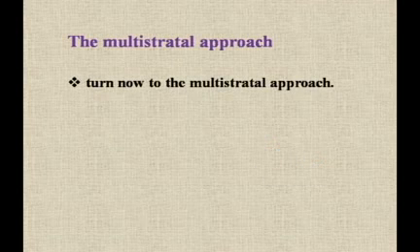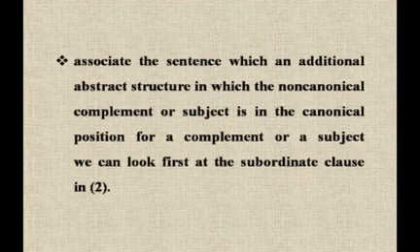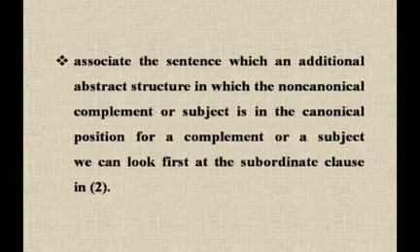We can turn now to the multistructural approach. If the syntactic structure of a sentence can involve more than one tree, there is no need to make word label heads and predicates sensitive to a constituent higher up the tree. Instead, we can associate the sentence with an additional abstract structure in which the non-canonical complement or subject is in the canonical position for a complement or a subject.